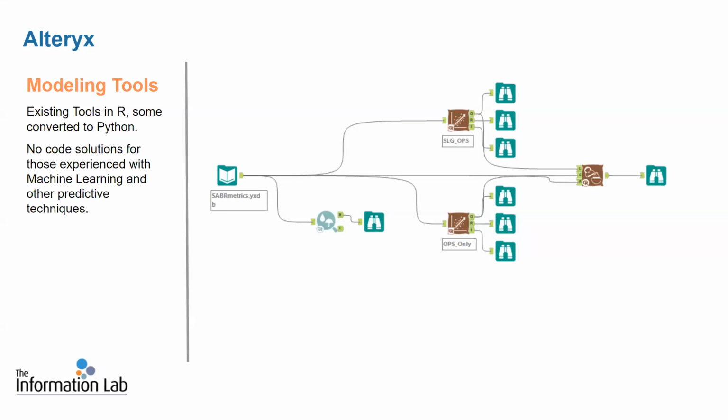You don't necessarily need to understand R to build out these functions. And you're then able to select the value that you want to predict, the things that you want to predict it with, and this will give you a model and a result after that.